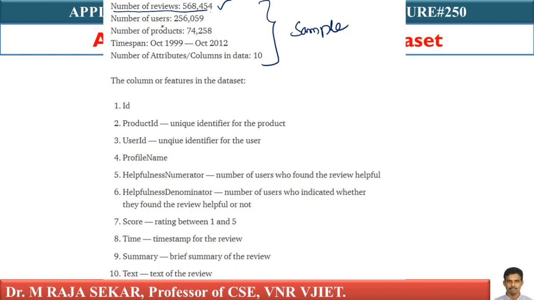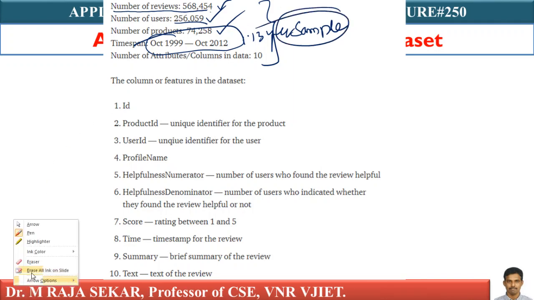How many users gave these reviews? 2,56,059. The number of products is 74,258. This is between October 1999 and 2012, approximately 13 years. As I told you, this is only a sample, not the entire data set.